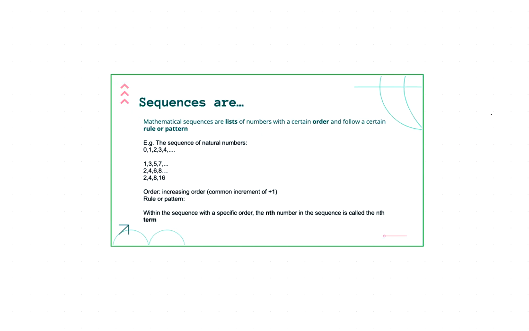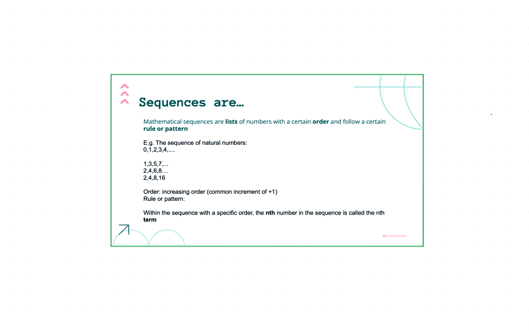So one of our most common sequences that you see all the time would be the sequence of natural numbers, right? So 0, 1, 2, 3, 4, all of the non-negative integers are in the natural numbers, right? And then we also have the sequence of odd numbers, so 1, 3, 5, and 7, and the sequence of even numbers, 2, 4, 6, 8.